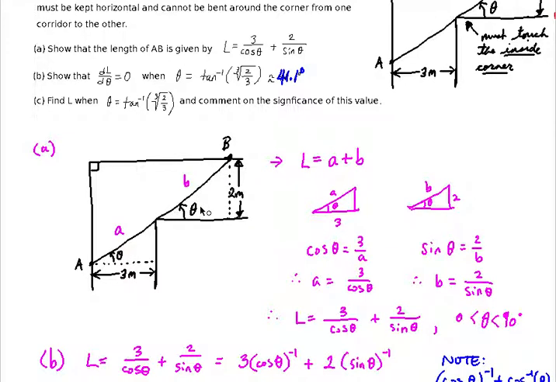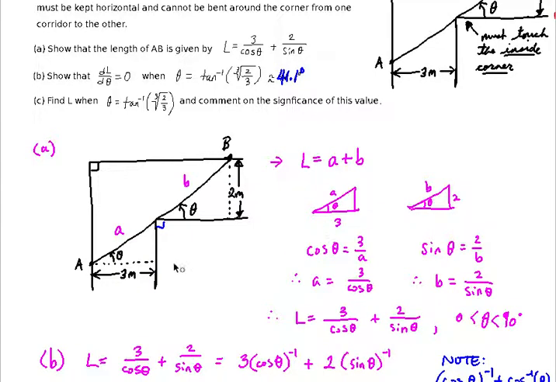This angle here is the same as this angle, as long as this line is parallel to this line. Since this is a right-angled corridor, we would expect this to be a right angle as well. Now if I look at this triangle separately and this triangle separately, I can find a relationship between A and the angle, and B and this angle, and combine those to form L.